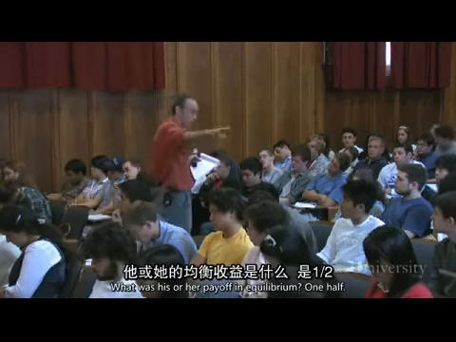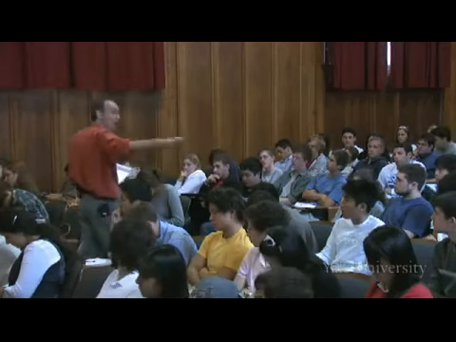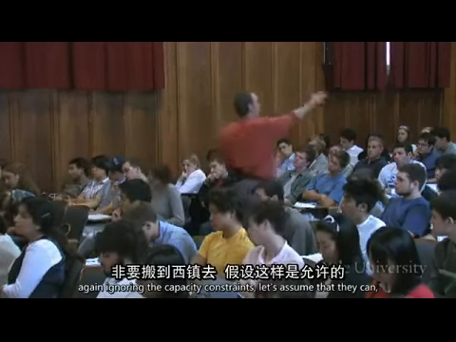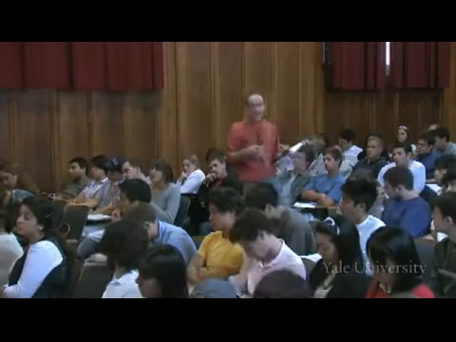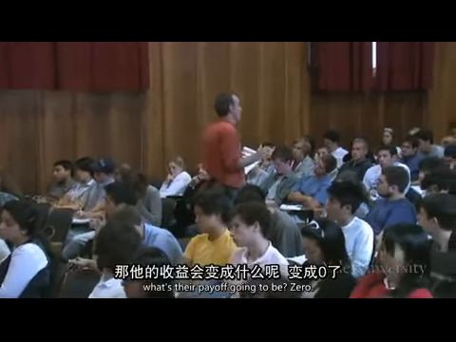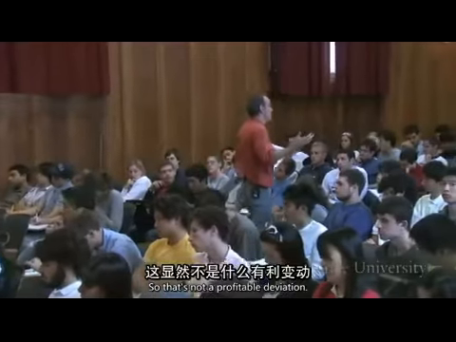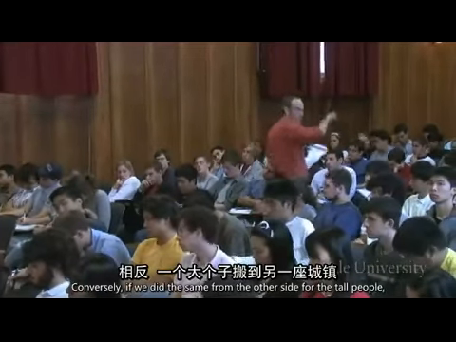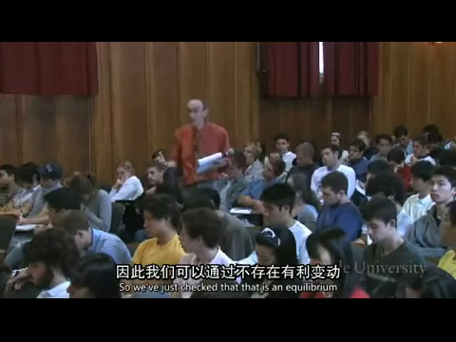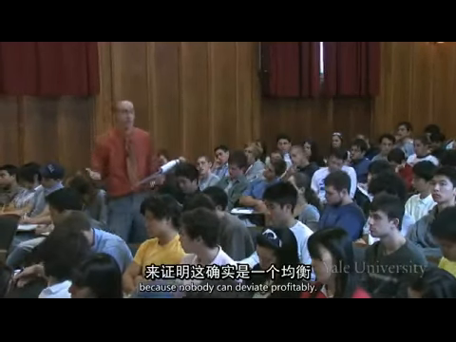What was his or her payoff in equilibrium? 1/2. If he or she deviates and moves to West Town, again ignoring the capacity constraints, if that short person moves to West Town, what's their payoff going to be? 0. So that's not a profitable deviation. And conversely, if we did the same from the other side, for the tall people, we'd find the same thing. So we've just checked that that is an equilibrium because nobody can deviate profitably.